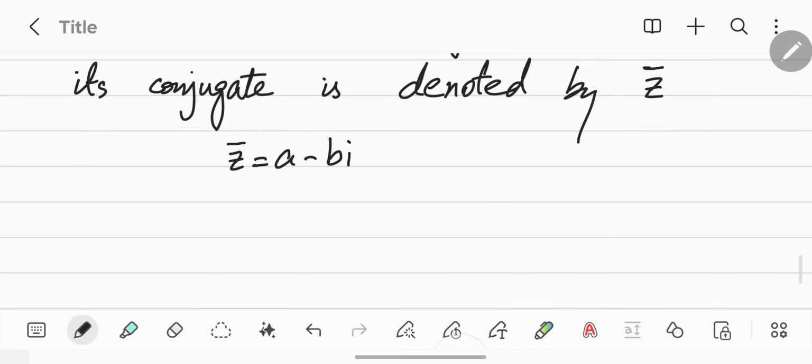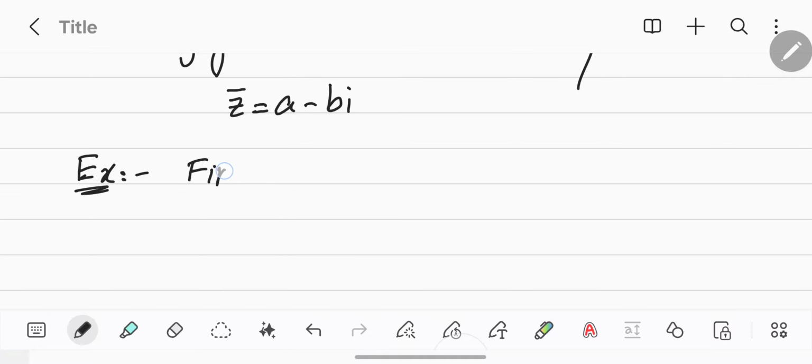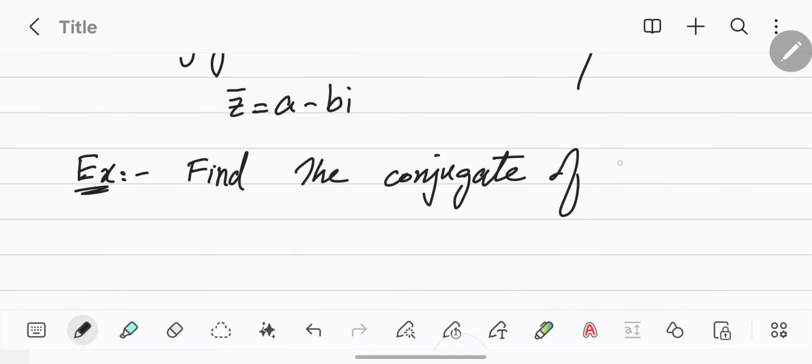Okay, let's do some examples. In this example, we will find the conjugate of 7 minus 5 iota.